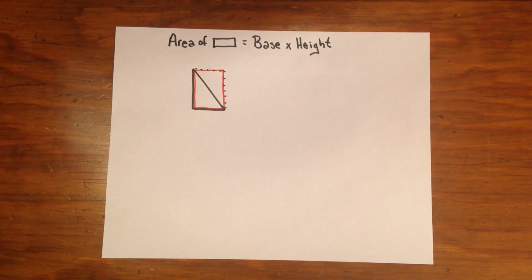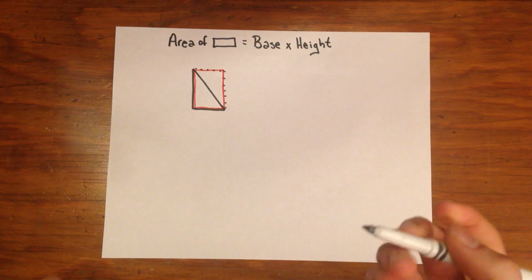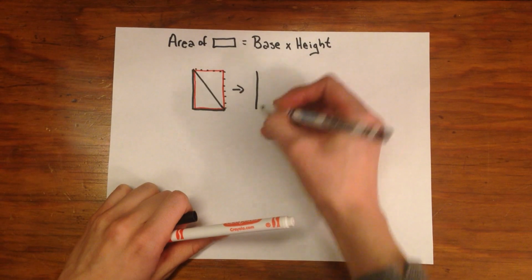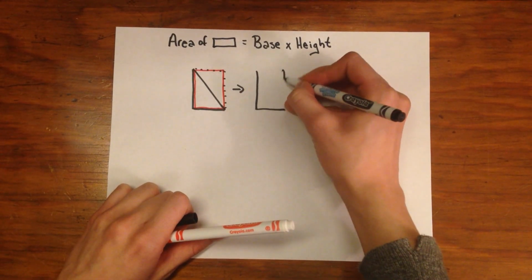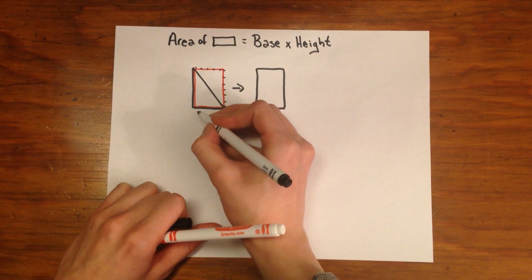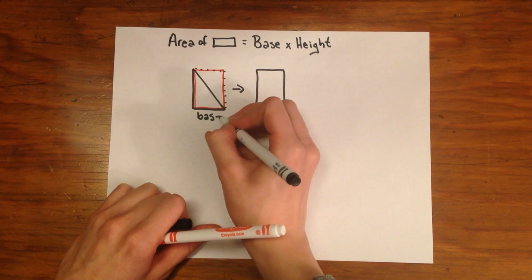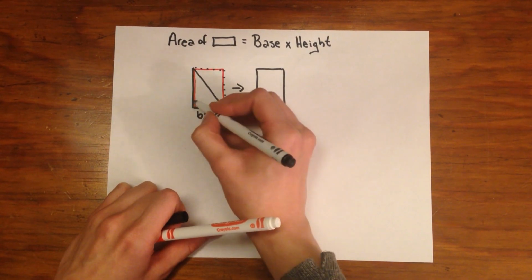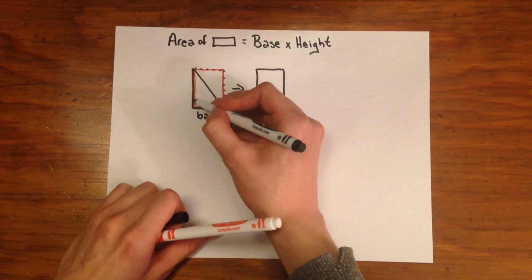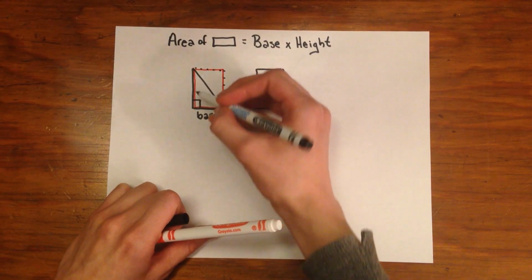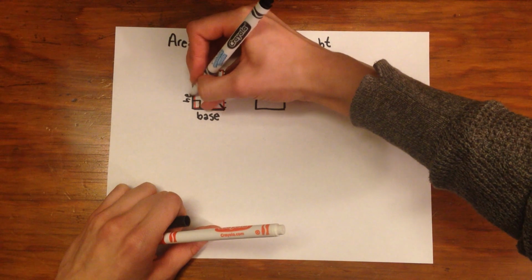Now we need to look a little bit at how we're going to figure this. So let's make a little rectangle over here to talk about too. Over here, we're going to call this our base. Remember, your base can be any one of these sides. We're just choosing this to be our base for right now. And we can see that this is our line here that is perpendicular to our base. So we're going to call this our height.